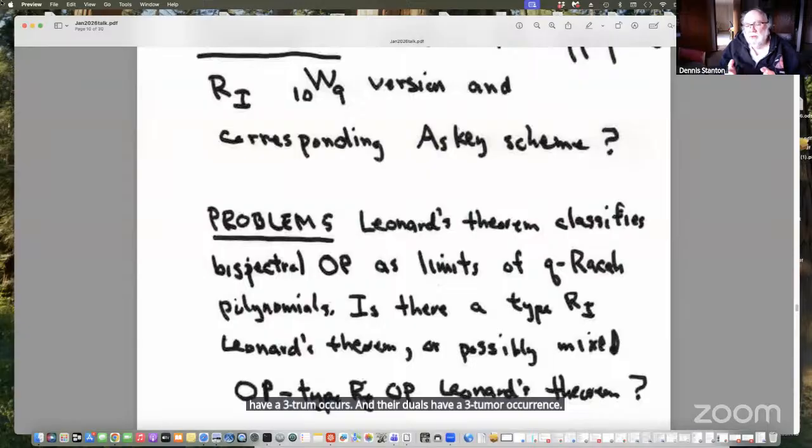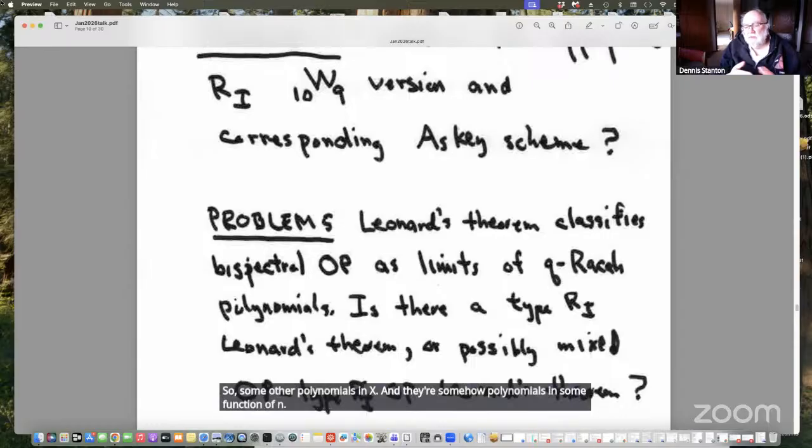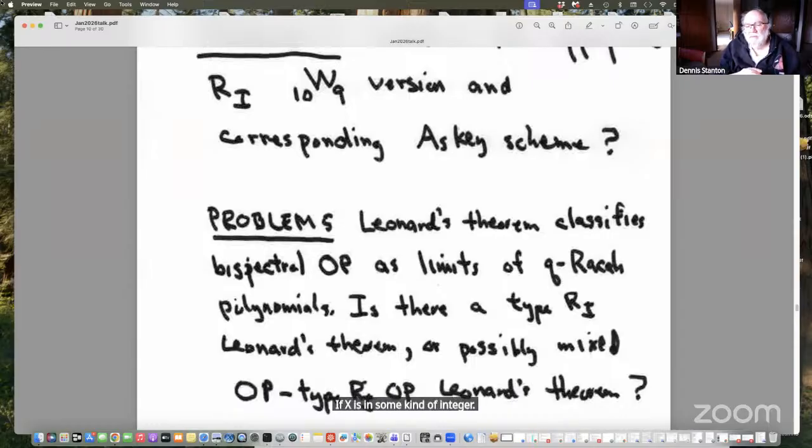So somehow they're polynomials in X, and they're somehow polynomials in some function of n if X is in some kind of an integer. His theorem from the early 1980s classified these bispectral things as limits of q-Racah. They're in the Askey scheme. They have to be these q-Racah polynomials. And they all have discrete orthogonalities if there's a finite number of them.